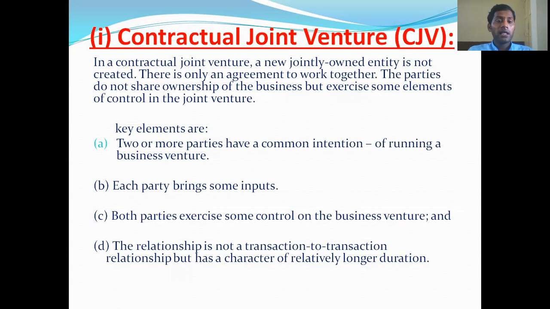Now, what are the key elements of a contractual joint venture? First, two or more parties have a common intention of running a business venture. They should have a common purpose.